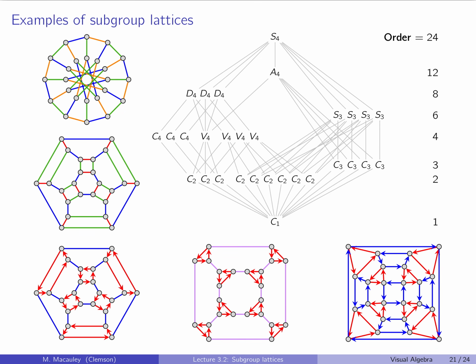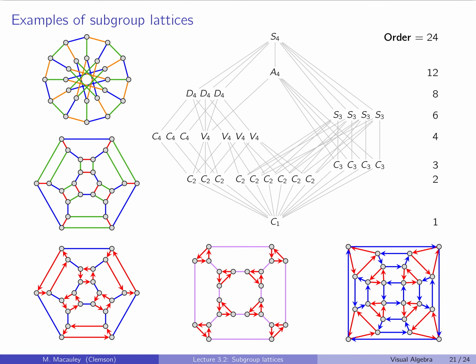Here's S4, the symmetric group. I couldn't resist. I had to show you as many of the Cayley graphs as I could fit in here, on Archimedean solids and then on the Nauru graph as well. That's not a polytope. If you haven't seen these before, please watch my lecture on symmetric and alternating groups in chapter 2. Now, what do you notice about this? Well, I noticed several things.